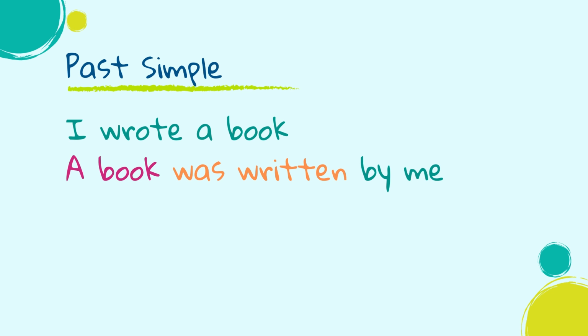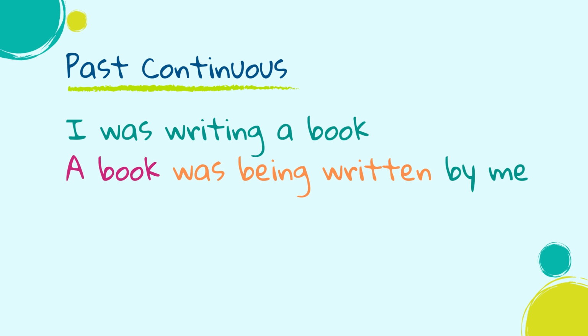Let's see how it goes with past continuous. The past continuous, as you can remember, is indicated by ing verb, and the past is indicated by past verb, was. It is not I am writing, but I was writing a book. Now we are going to change I was writing a book. The object is a book, and then a book is positioned as the subject at the beginning of the sentence.